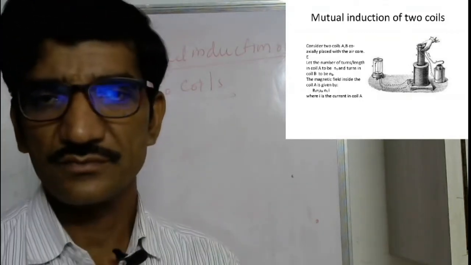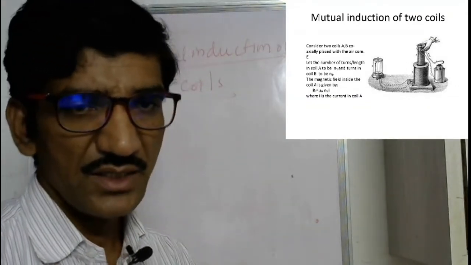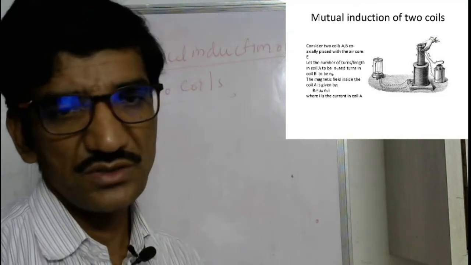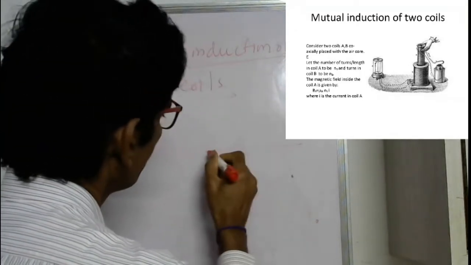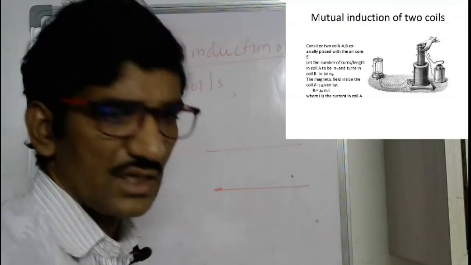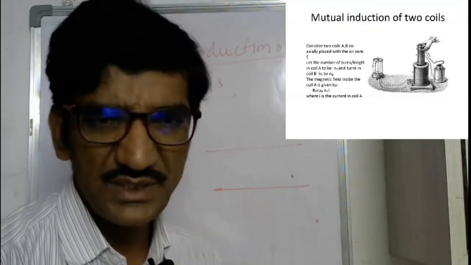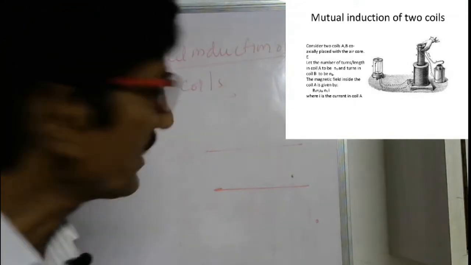Now imagine that you are taking a pipe and you have two coils on that pipe, or we may call this an air core solenoid with two coils.